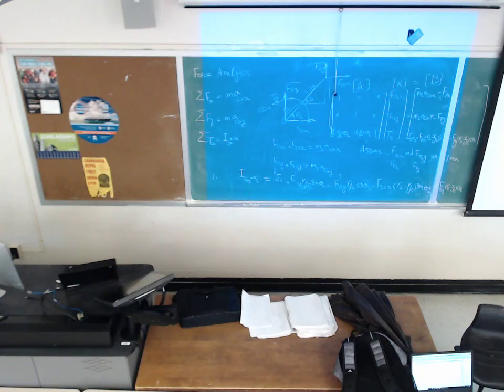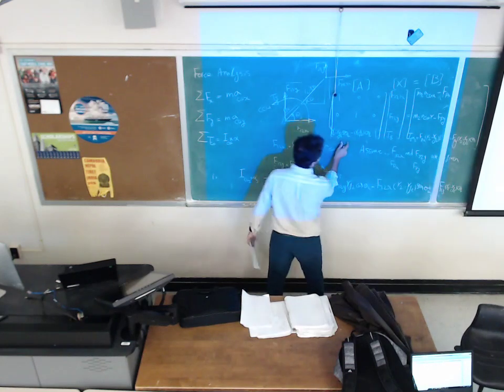Which term? That's the last row. The last term you mean? Yes, S theta 2. I didn't have space, so I just showed S meaning sine, C meaning cosine.